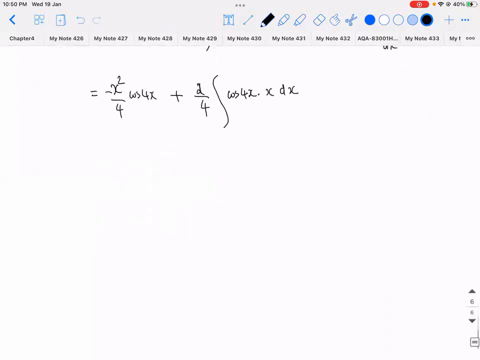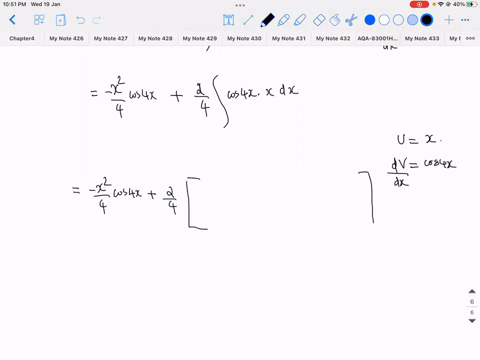So again, we have to do the same process. What is our u? In this case, u is x, and dv by dx is cos 4x. Again, we have to apply integration by parts. Minus x square by 4 cos 4x plus 2 over 4, then we put a bracket here.